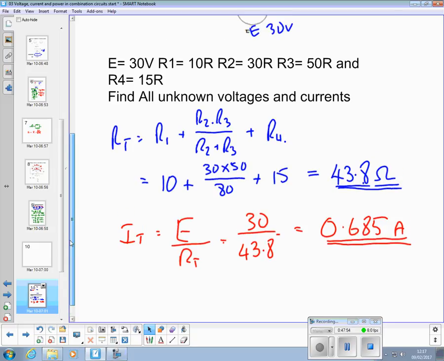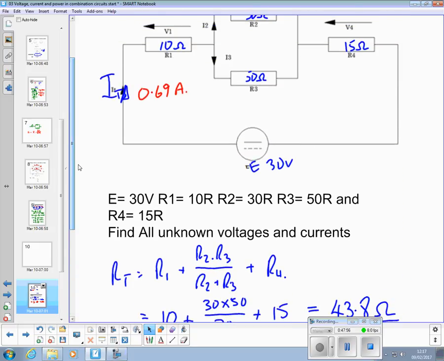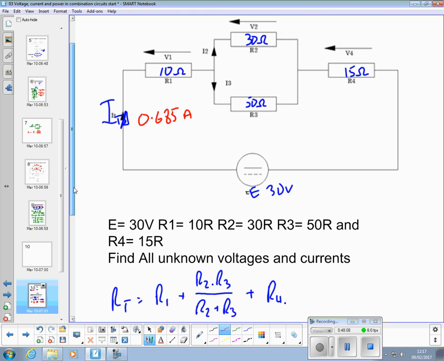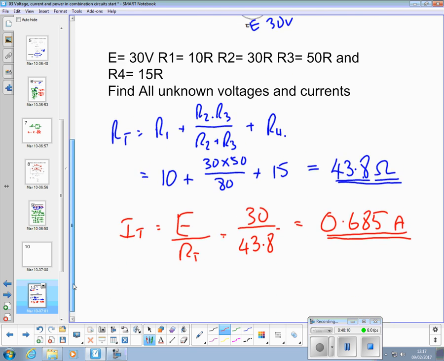What can we find now? Now we know that that's 0.685 amps. Volt drop over each resistor. We can certainly find V1, can't we?